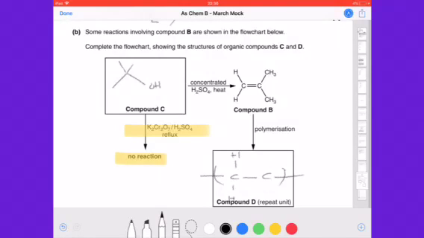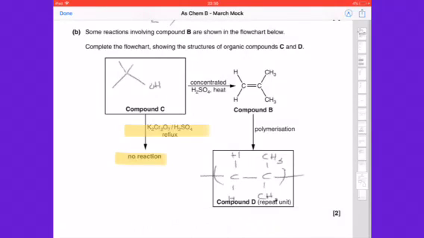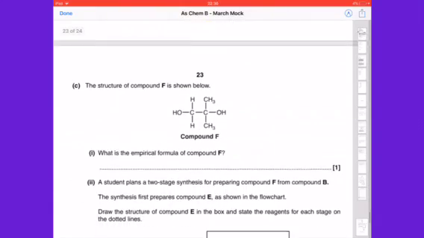And on the right-hand side, you should have 2 CH3 groups. Like that there. There you go. So that should be the structure of your alkene, or your addition polymer.